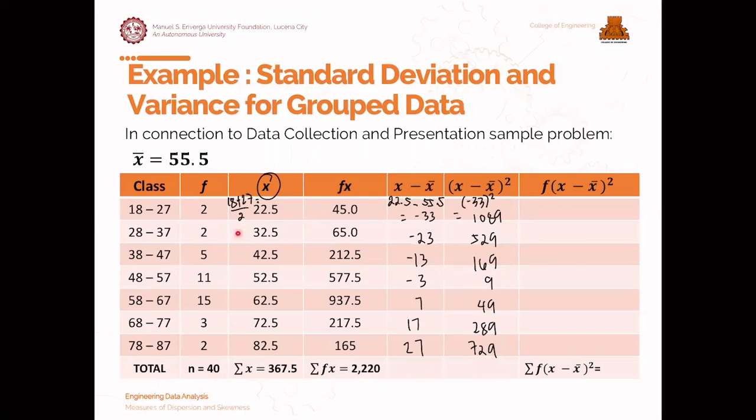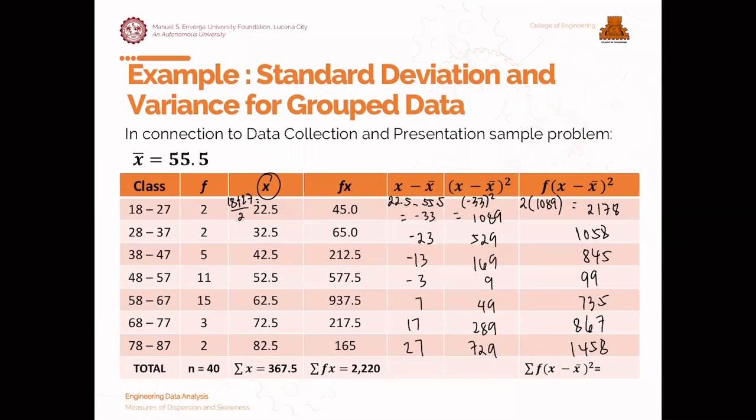Yung frequency natin. So, ibig sabihin, para doon sa first row, we need 2 times 1,089. So, equals sa 2,178. So, ito, 1,058. So, 845. Then, 98, 735, 867, and 1,458. Okay?